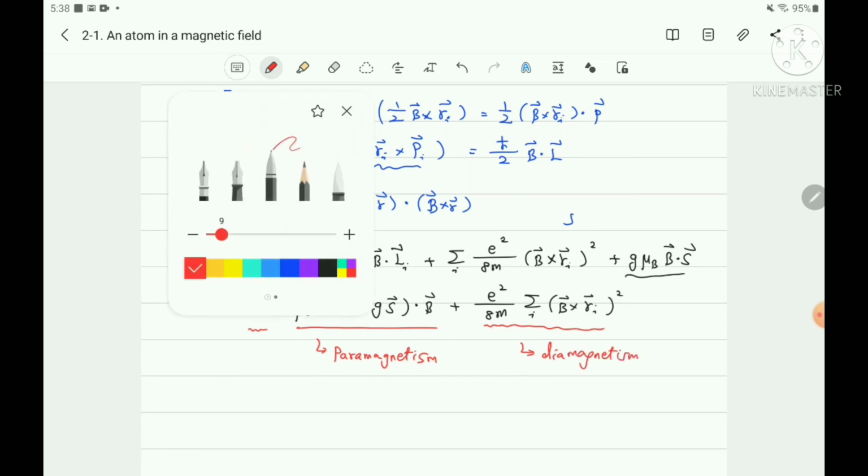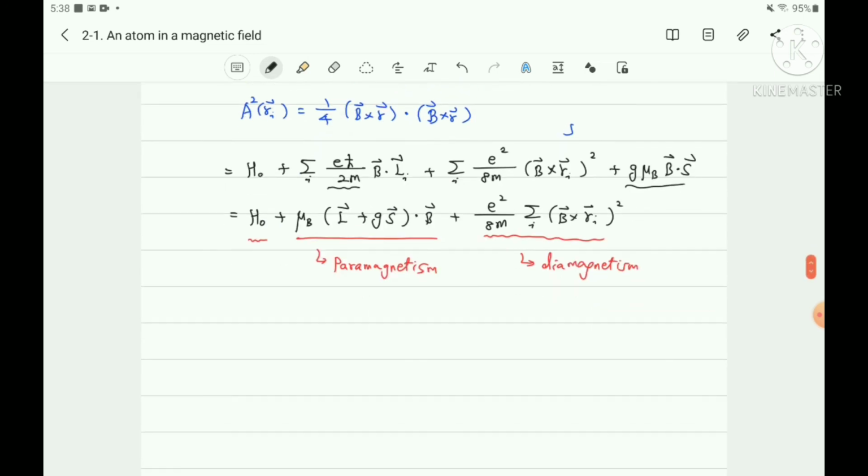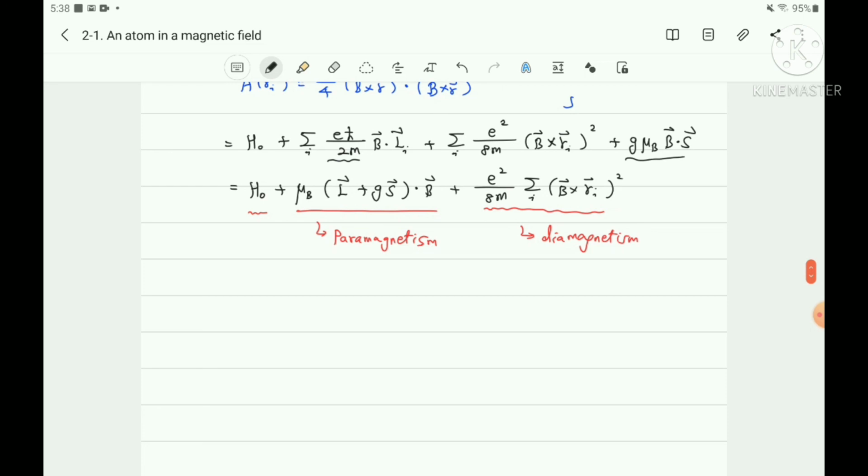From this Hamiltonian we can understand paramagnetism and diamagnetism; we do not take into account the interaction between ions, just the interaction between spin and the outside magnetic field. Here, therefore, let me think about it in detail.